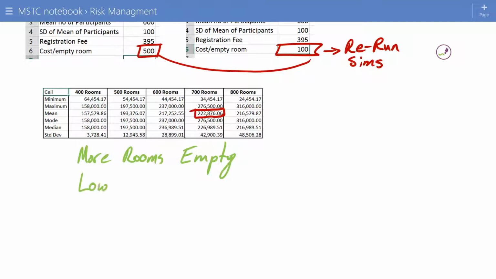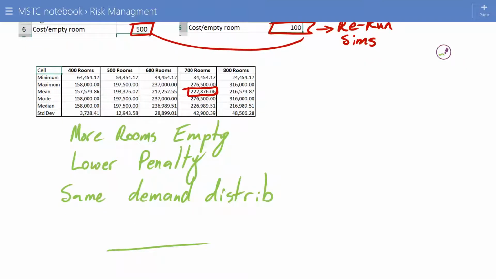And you increase the actual potential revenue because there's a lower probability. So you have the same demand distribution when you look at it just from the chart perspective. 700. There are more opportunities for unfilled rooms, but they cost less when they go unfilled.